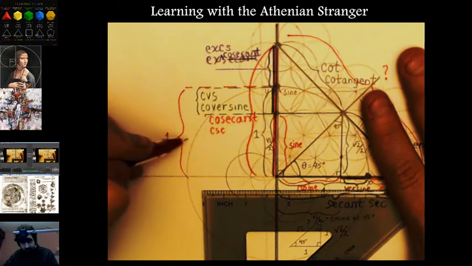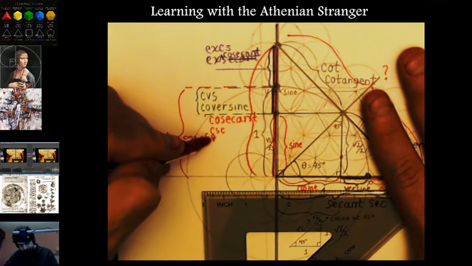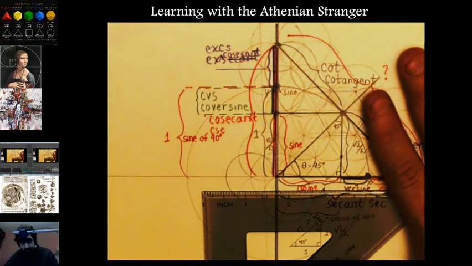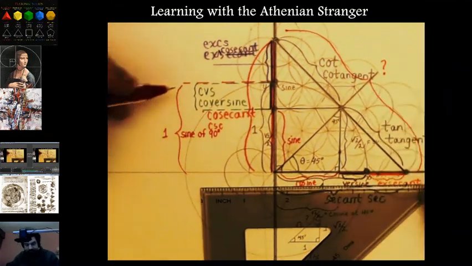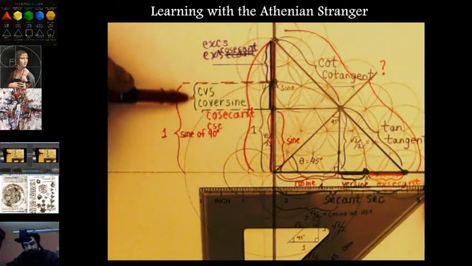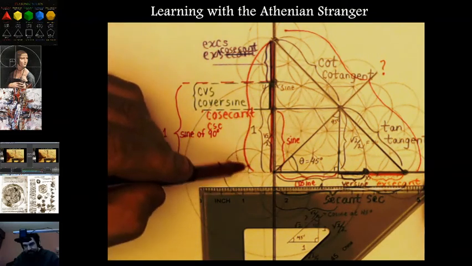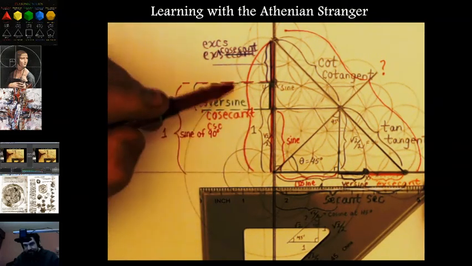And this point here is the sine of 90 degrees. That's 1. So if I wanted to know what the cosine was, I could take 1 and subtract out my sine to get the cosine.